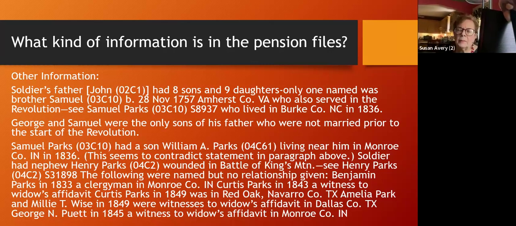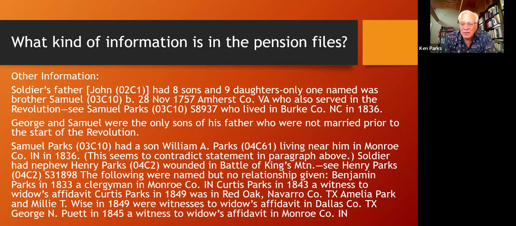It goes on, Samuel, his brother, had a son, gives his name, and then he also had a nephew, Henry Parks, who was wounded in the Battle of Kings Mountain, and he also had a pension file, which is listed there. Other names were given, but no relation stated. But some of those are children.